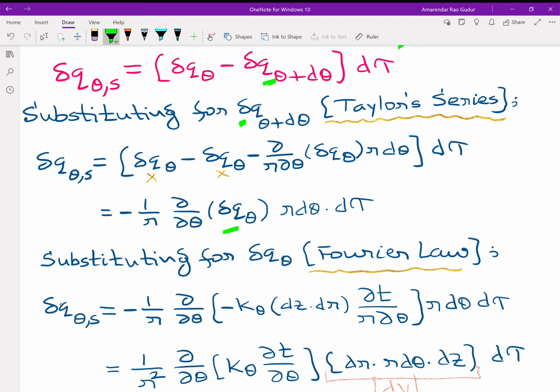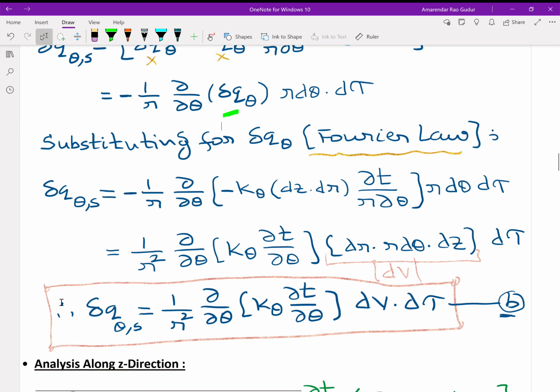Now for del q theta we are going to implement the Fourier law, resulting in del q theta comma s as minus 1 by r del by del theta of minus k theta dz dr del T by r del theta, r d theta d tau. Minus minus becomes plus, and this r as well as this r in the denominator, we are going to have 1 by r square del by del theta.